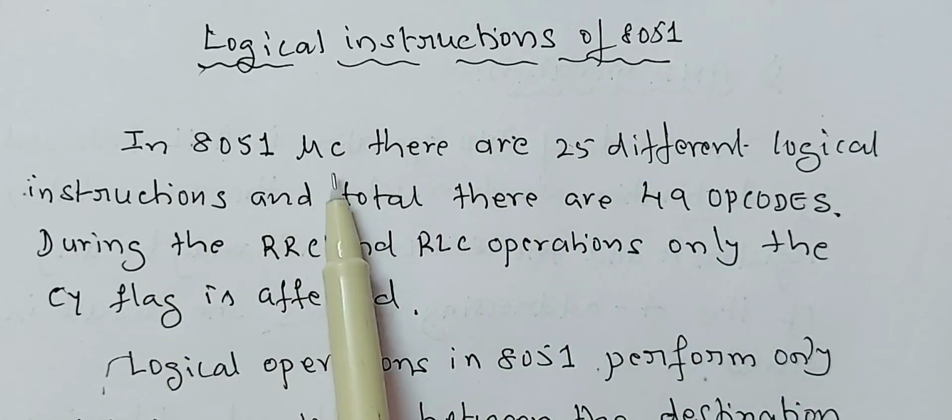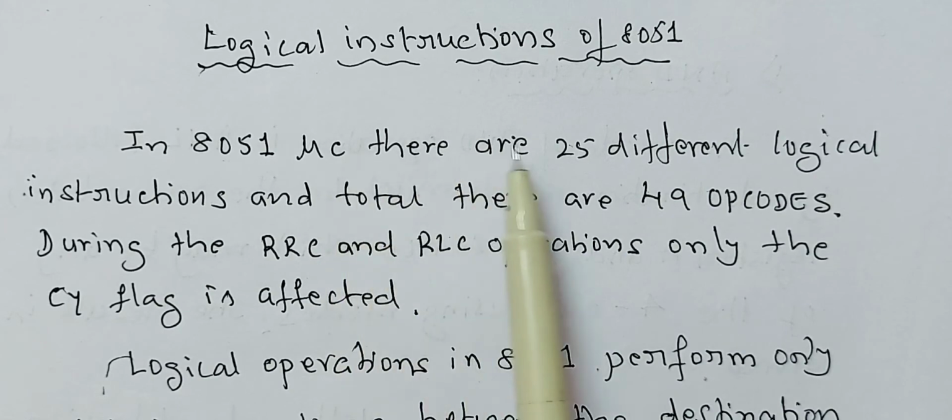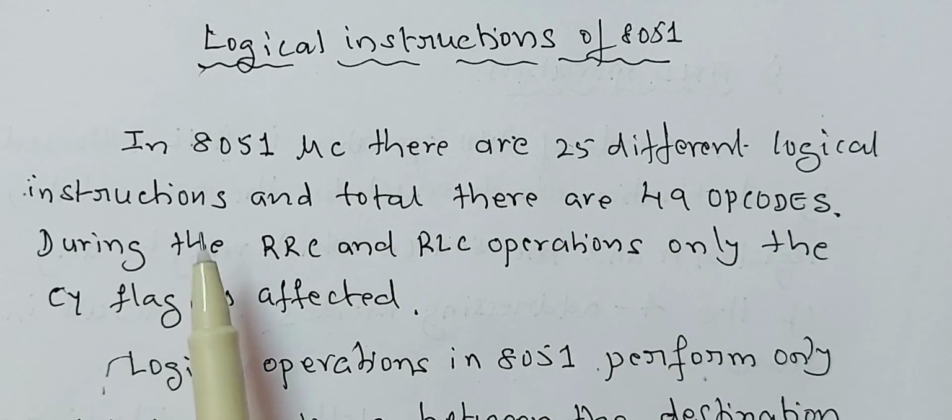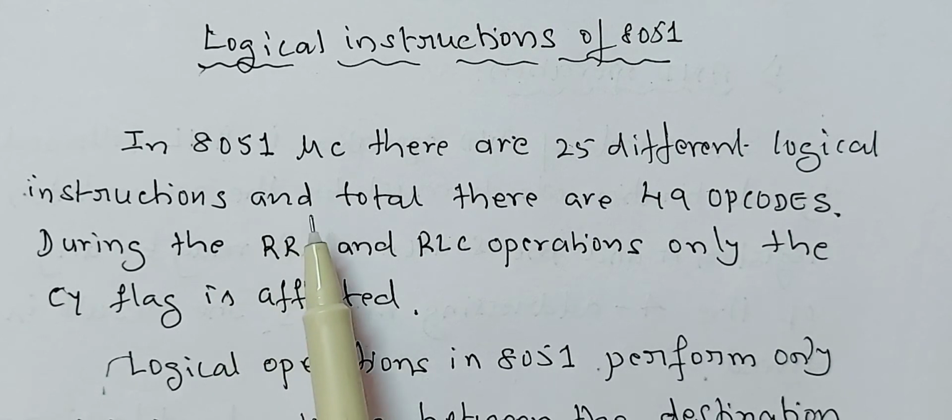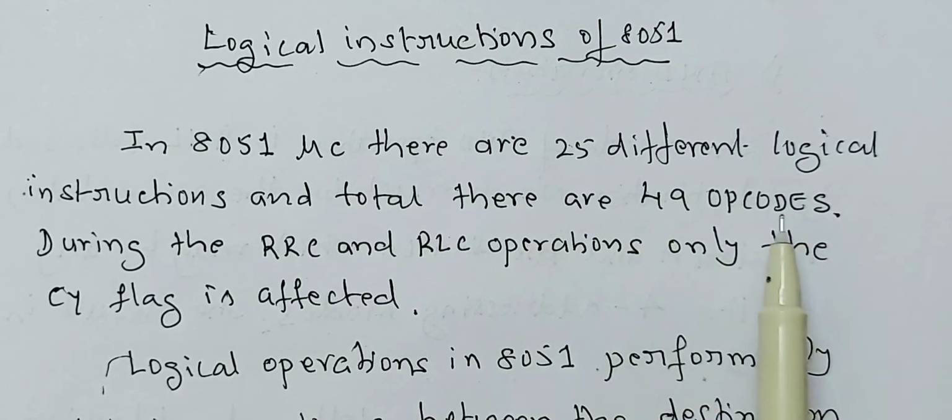Usually in the 8051 microcontroller, there are 25 different logical instructions used, and totally there are 49 operational codes used for logical instructions. What is an operational code? An operational code is a code given to the 8051 to do specific operations.